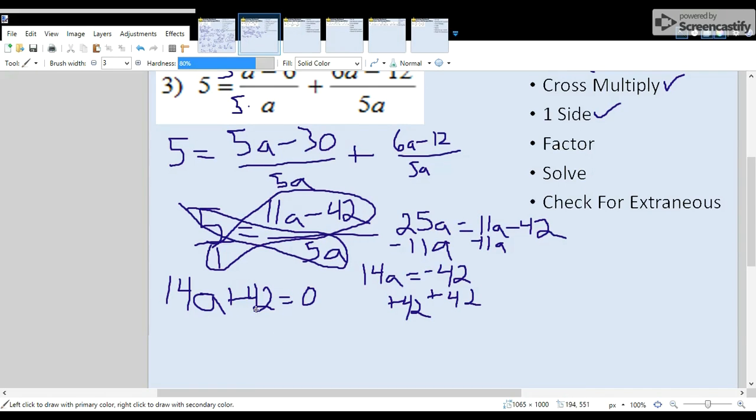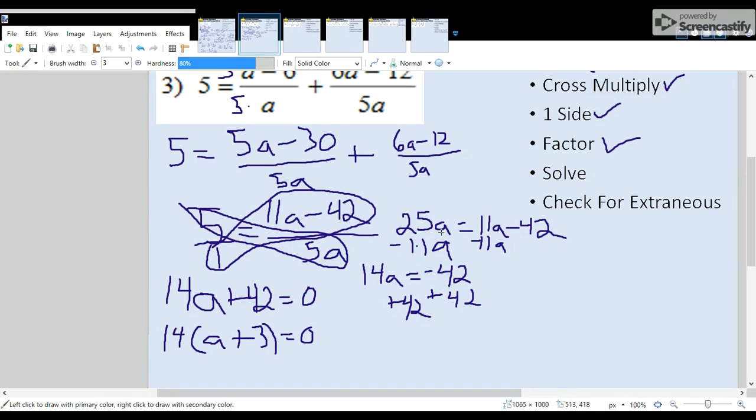It looks like 14 goes into both of those numbers. So if we factor out 14, what we have left over inside is 1a plus 3 equals 0. So now we're done with that.